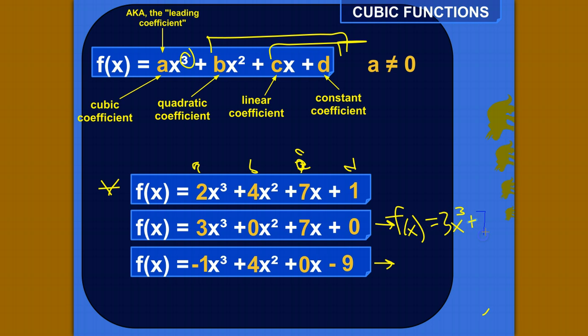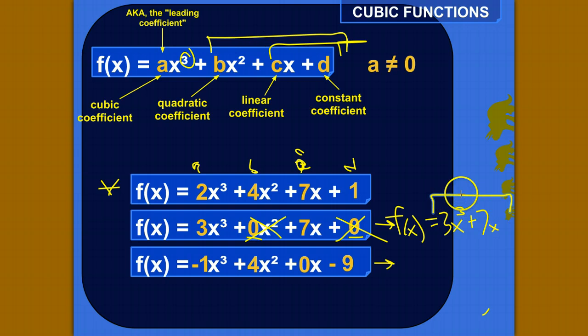So there's just 2 terms. You can think of that as having coefficients of 0. You can pretend that quadratic term is there with that quadratic coefficient, but it's 0. 0 times x squared is 0, so this would just go away. 0 just isn't there. So what this would look like is 3x cubed plus 7x.